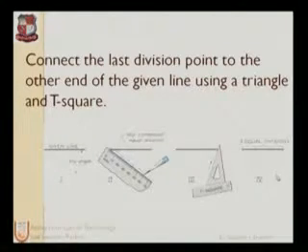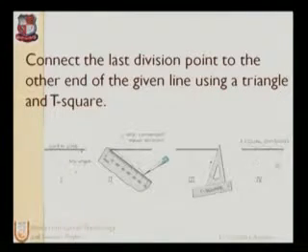Now join the last point of the line, and draw parallel lines from that line to get the equal parts on the line.